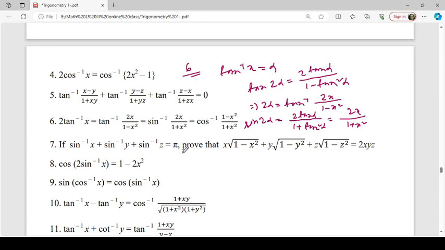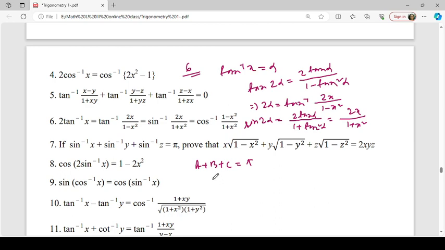Then the product is x into root over 1 minus x square, that is sin A cos A, sin B cos B, sin C cos C. This is 2 sin A sin B sin C. So A plus B plus C equal to pi.